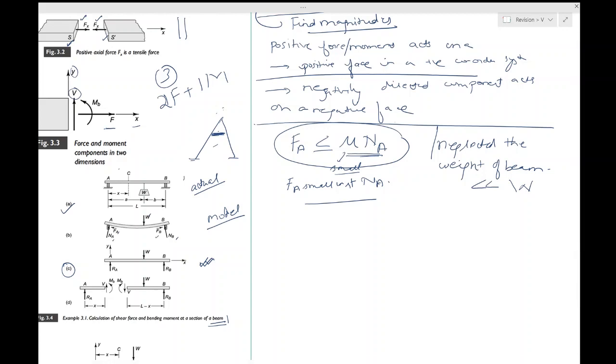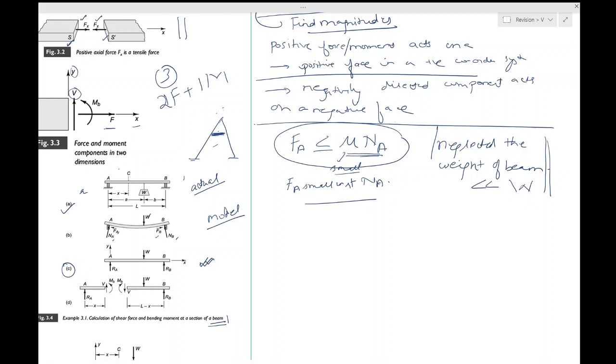And this is actually true. If you consider any engineering structure around you, like a bridge or a pen, if you apply a point load on it, the weight of the pen will be very small compared to the force which you are applying on it. If you apply it like a beam, like in this particular case shown here, you can ignore the weight.